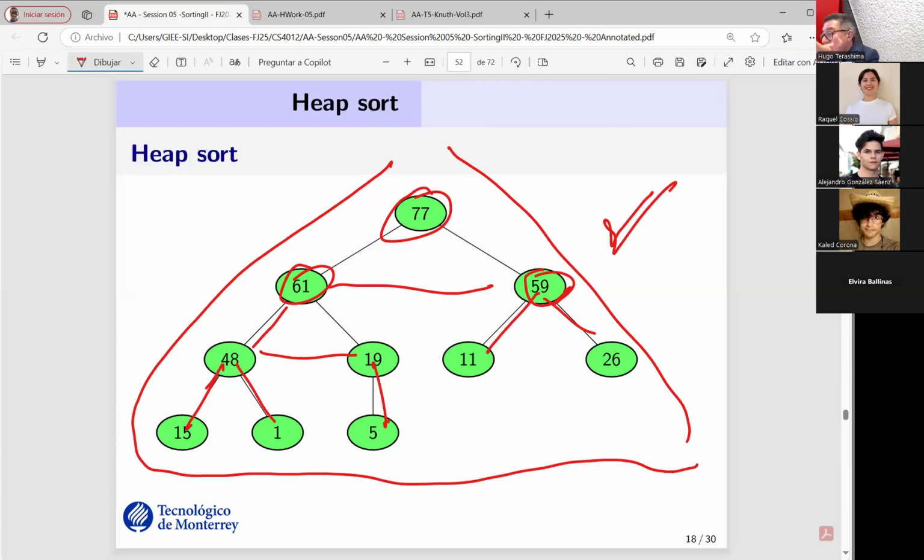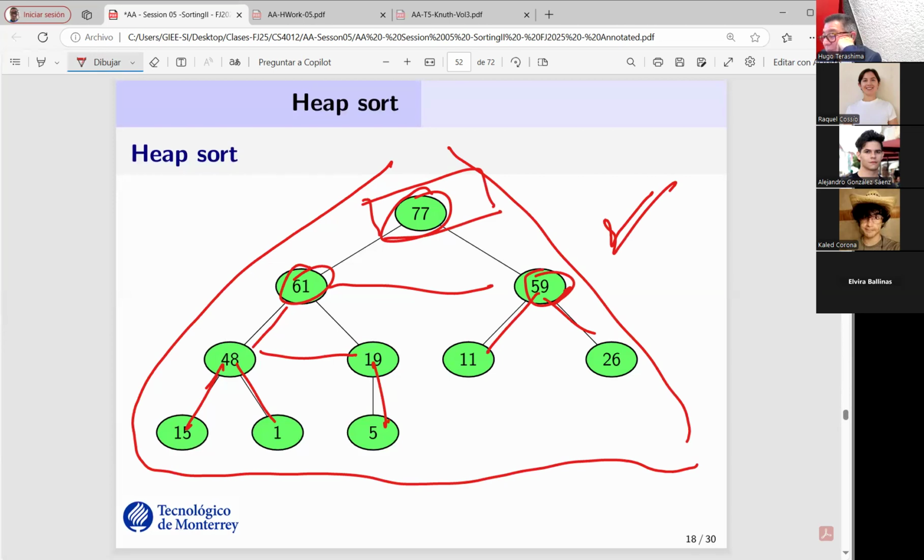So we used a certain number of steps to construct the heap. Now that the heap is constructed, what's next? What do you have there in the root of the heap? The maximum.